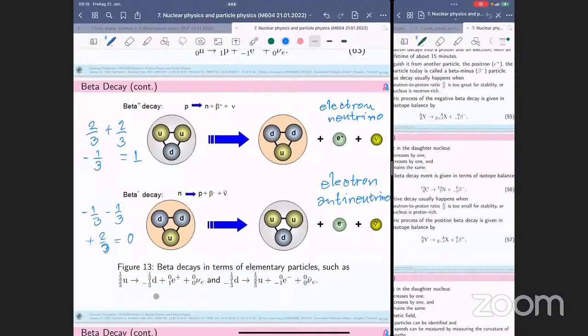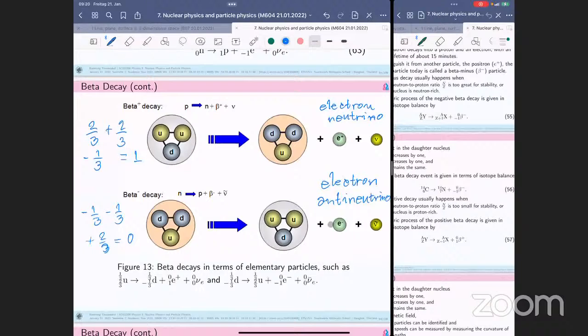Okay, in more detail at the nuclear particle scale, we won't talk about a proton becoming a neutron. We have to write down that an up quark turns into a down quark, together with a positron and a neutrino. And for the beta minus decay process, one of the down quarks turns into an up quark, and that's why you have two up quarks as the output here.